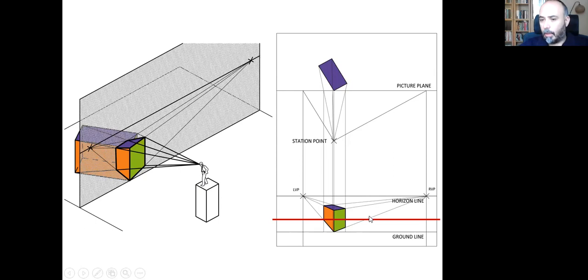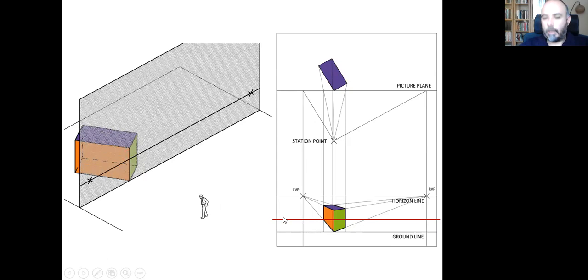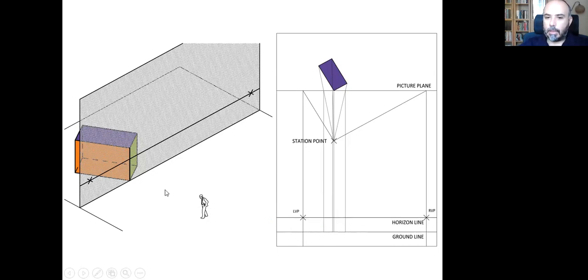What happens if the horizon line was here? So we can get rid of that base he was standing on, and he is now standing on the ground, and he is looking at the system at this level now.